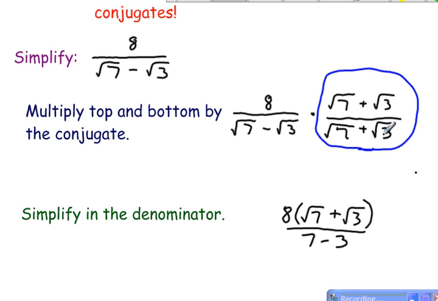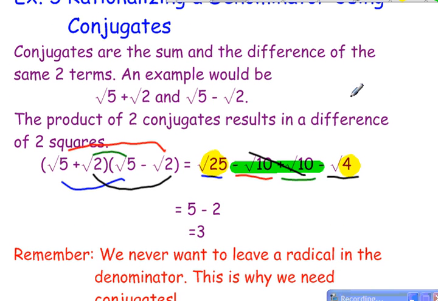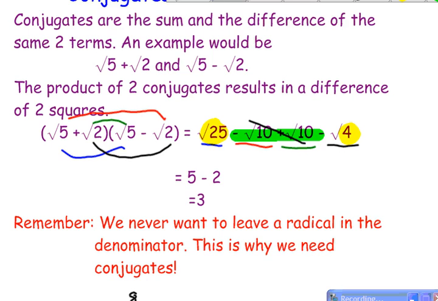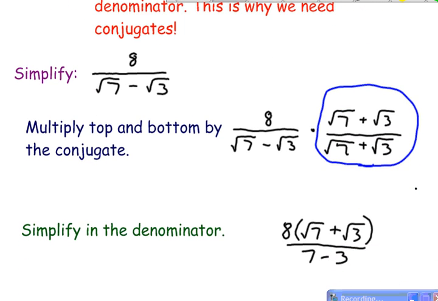Okay, so what we're going to do, we know that from our proof up here at the top, where I proved to you what conjugates do, we can now apply it to the bottom.